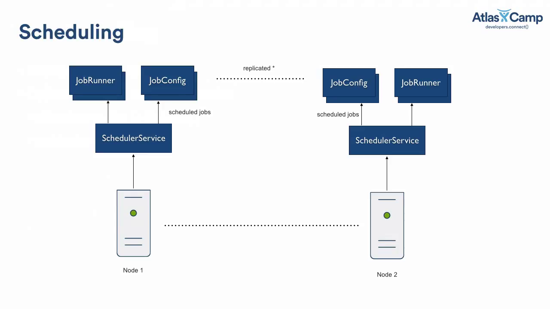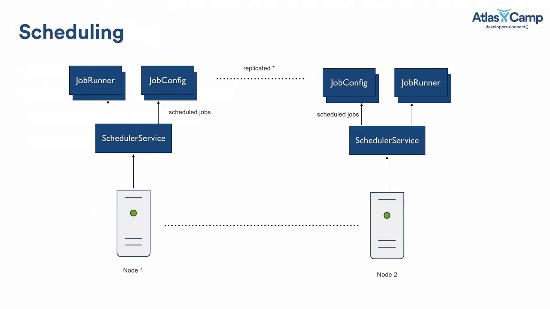So just briefly, the scheduler service is your entry point into the API. And then when it comes to running the job, there are actually two aspects there. You've got the part that actually needs to run the job, that needs to understand the logic and execute the job, that actually sends an email or whatever it needs to do. And then there's the configuration, and that is describing on what schedule should it run and how should it run.